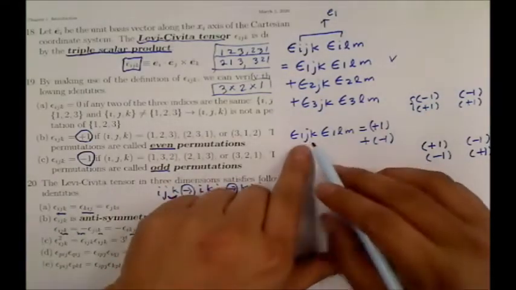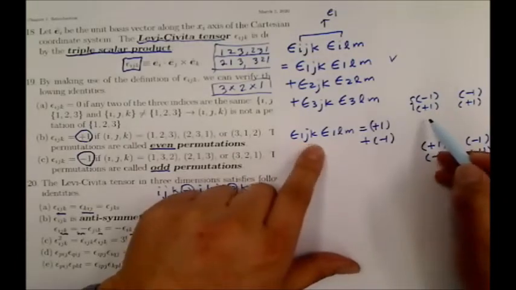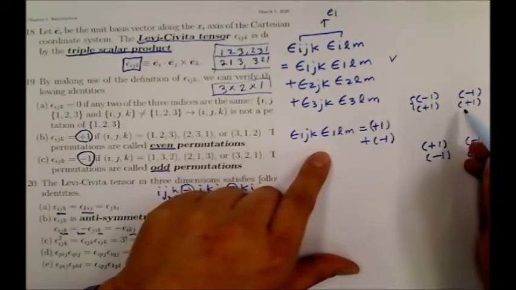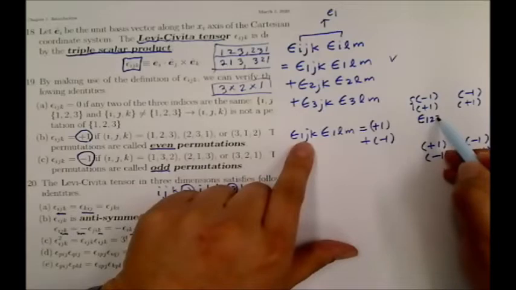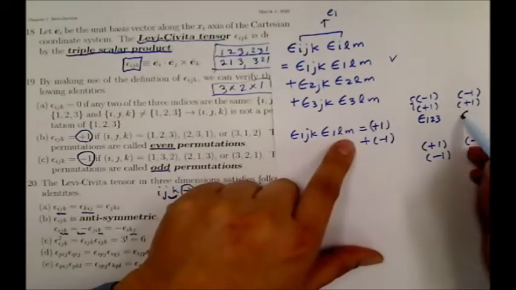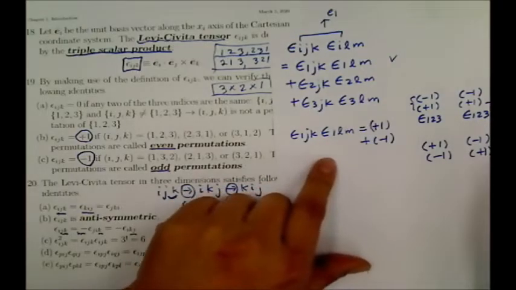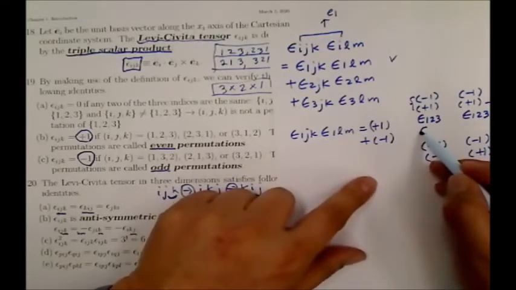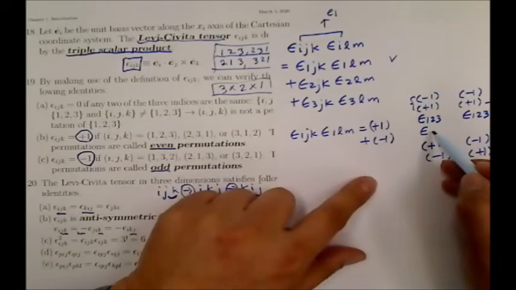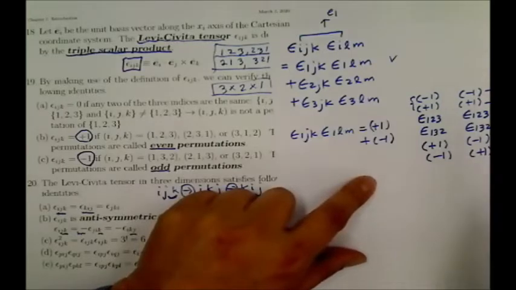Let us consider plus plus first. Plus plus means epsilon 1, 2, 3 and this is epsilon 1, 2, 3. And minus 1 is epsilon 1, 3, 2, epsilon 1, 3, 2. This is the minus minus case.